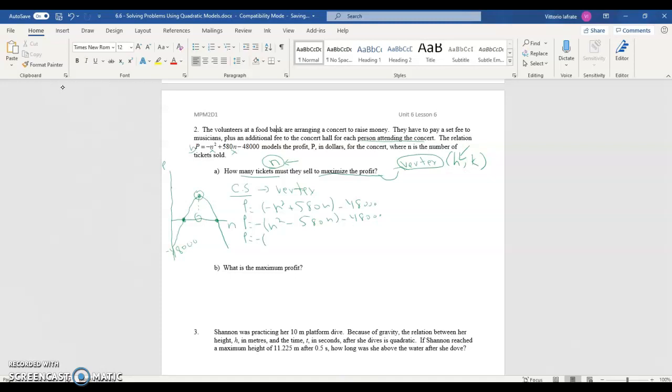So negative n squared minus 580n. And then the way we do that is we do 580 over 2 squared. So 580 divided by 2. And then we square that. So that's 290 squared.